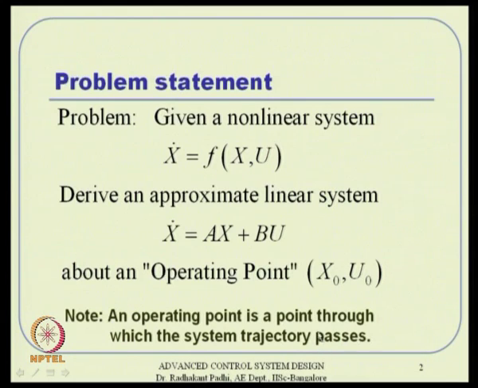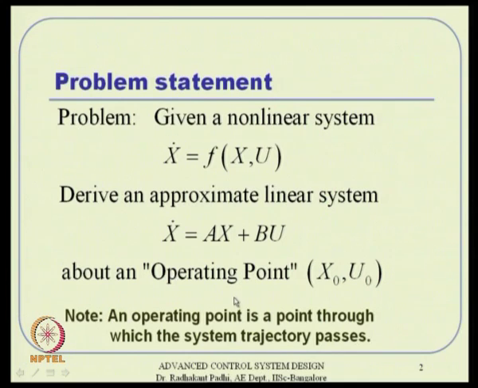That means, if the system trajectory starts with some initial condition and then follows a certain trajectory, associated with that there is a control, and you take any pair anywhere and consider that as x 0, u 0, then about which the system dynamics A and B matrices can be found out, and that is what is called an operating point.